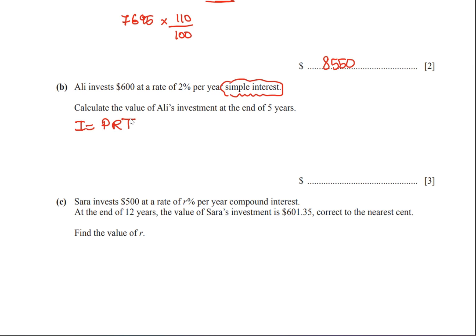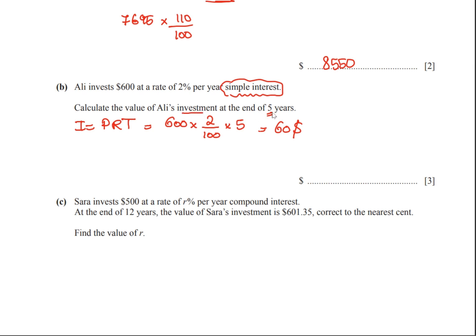So I equals the principal, which is 600, the first investment of Ali, multiplied by the rate, which is 2, divided by 100, multiplied by the time, which is 5 years. If you calculate this, it will be $60. Okay, can we read the question again, please? Yes, calculate the value of Ali's investment at the end of 5 years.